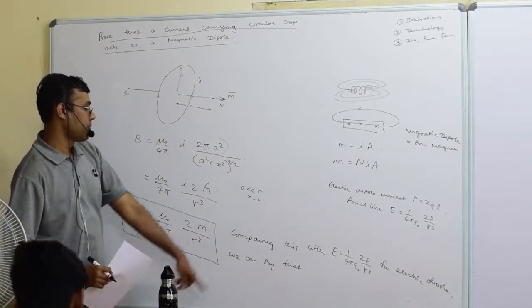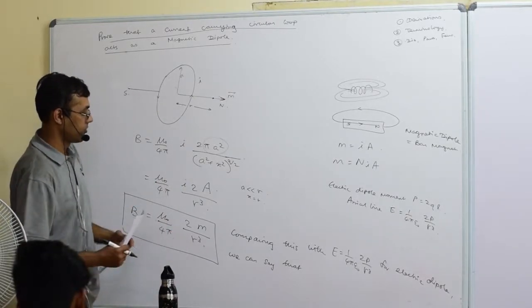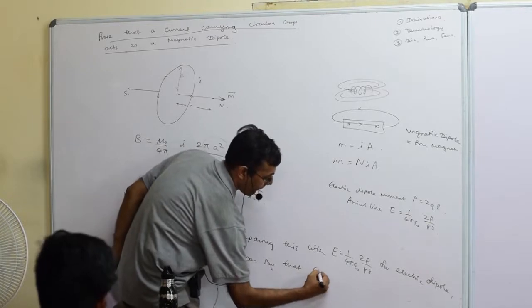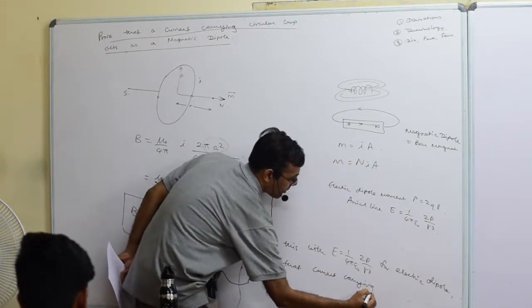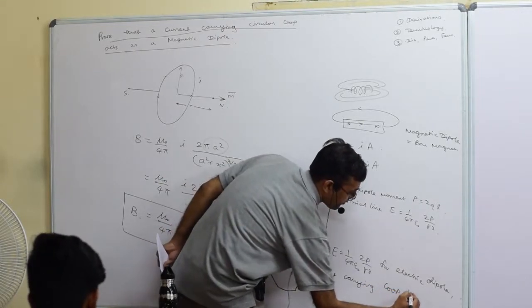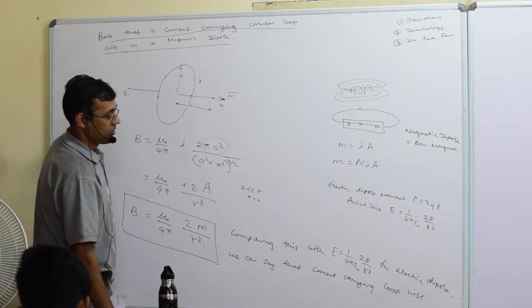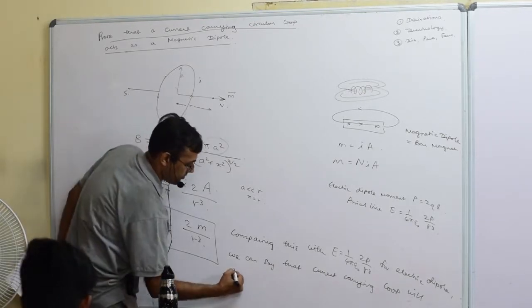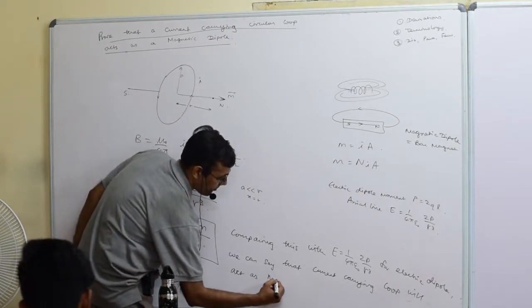Because from my electric dipole you got that one, so from a magnetic dipole I will be getting this one. You can say that the current carrying loop will act as a magnetic dipole.